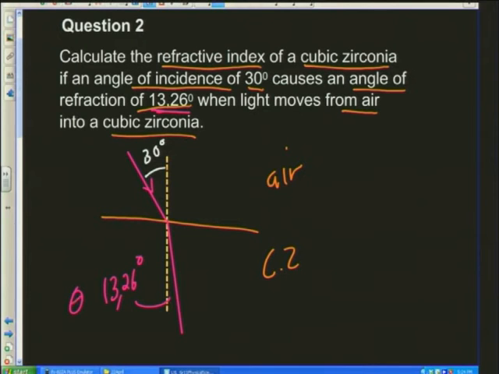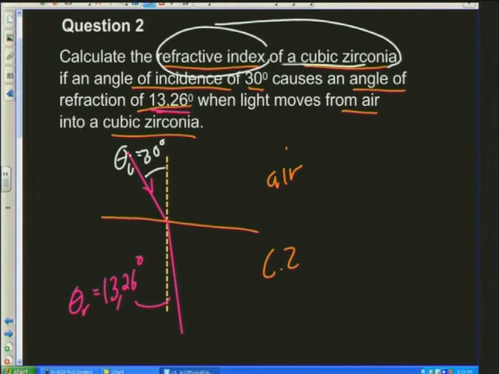And that's theta r. This one is theta i. So what are we asked to do? We're asked to calculate the refractive index of the cubic zirconia. So we want to find n2. This is medium 1. This is medium 2.